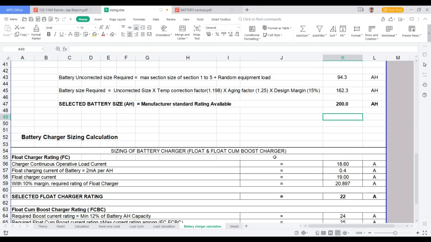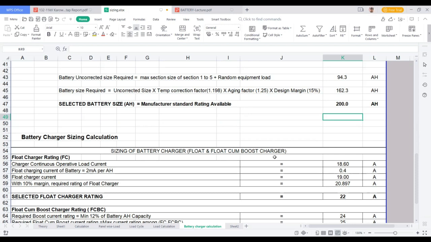At float charging, the supply voltage would be 220 volts. But in the boost mode, the battery has to charge quickly, so we give more voltage to the battery from the battery charger. Suppose 242 volts is given to the battery bank.